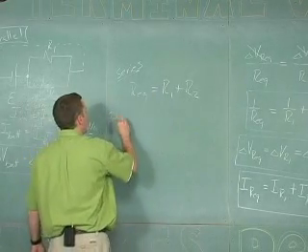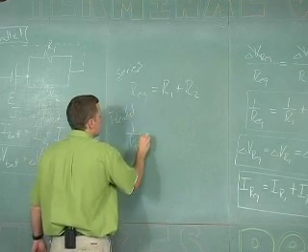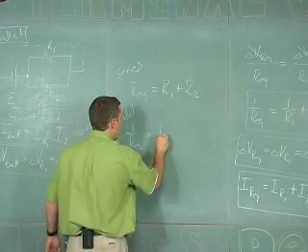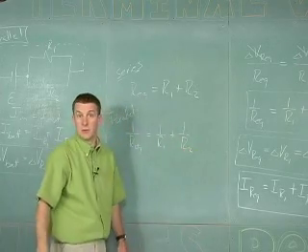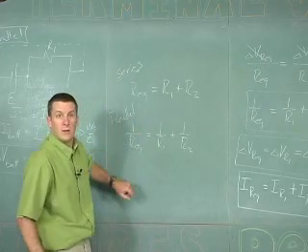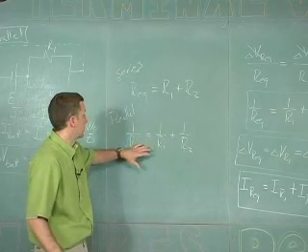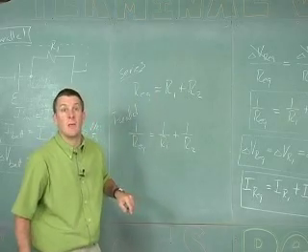In parallel, the equivalent resistance is the inverse of the sum of the inverses. So this is how you determine the equivalent resistance for resistors in series and resistors in parallel.